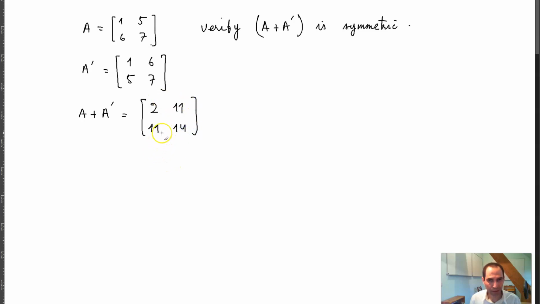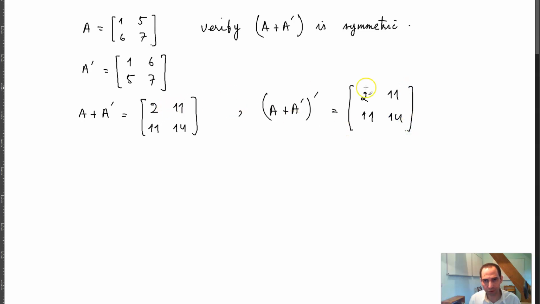And a symmetric matrix means that the transpose of the matrix is equal to the matrix itself. Meaning that if I calculate A plus A prime, whole prime, the transpose of this would be 2, 11, and 11, 14.